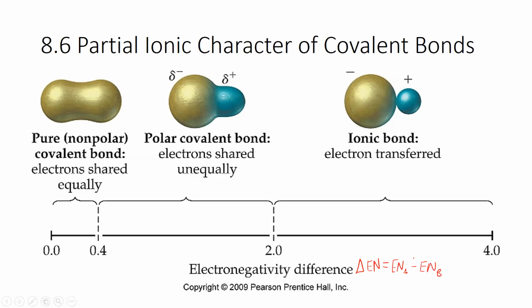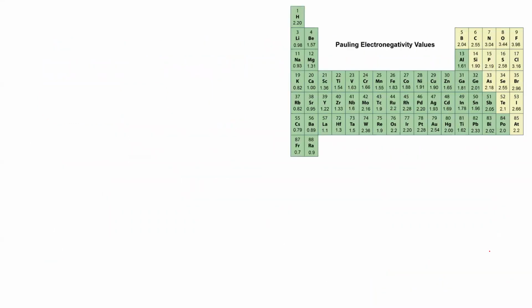And from those values, we have a range for electronegativity differences. That range can be anywhere from 0 all the way up. It's actually not as high as 4. It's actually more like from 0 to 3.28. That would be based on the electronegativities of fluorine, which is 3.98, and francium, which is the smallest value at 0.7.